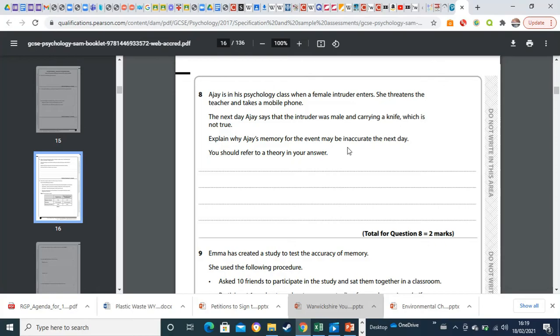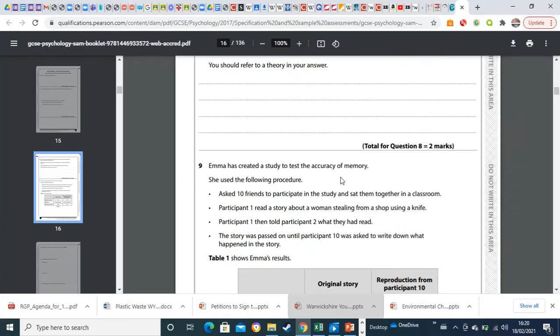When Ajay forgets what the intruder looks like, the schema would reconstruct the false memory and make the intruder male and make him carry a knife instead of being female.